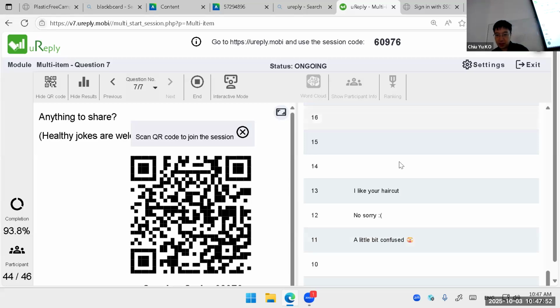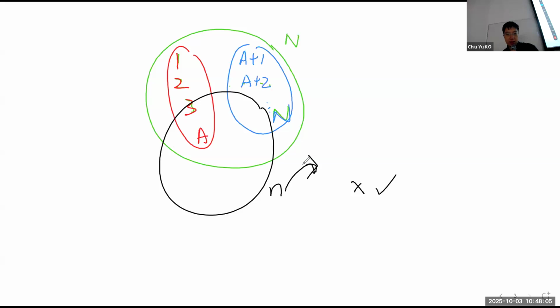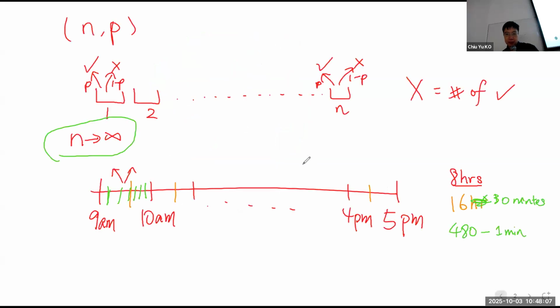So let's continue. Our hypergeometric. Remember our slide over here: binomial is opening n boxes.